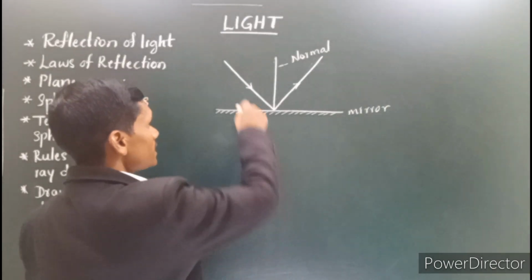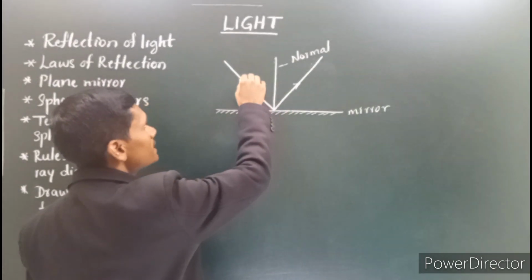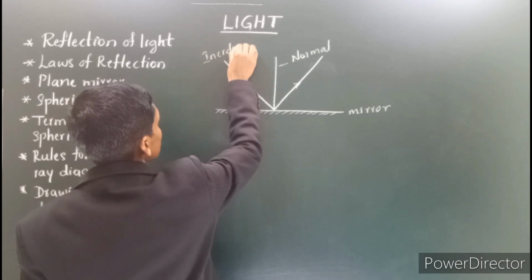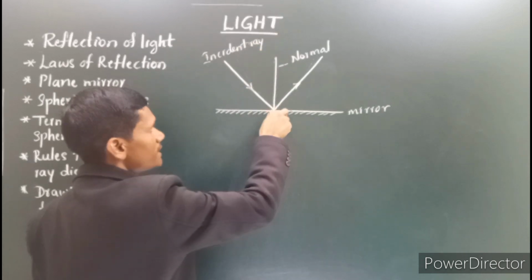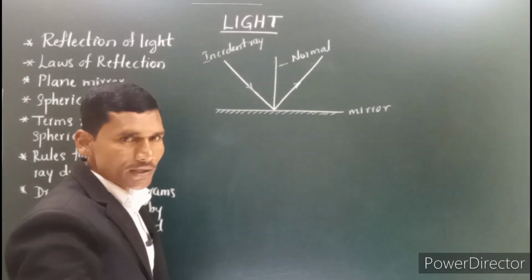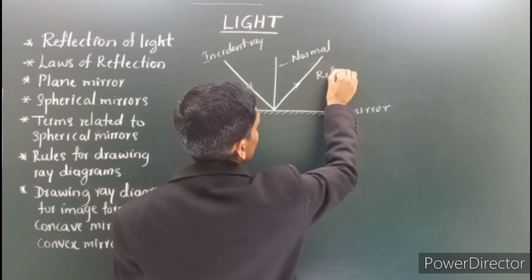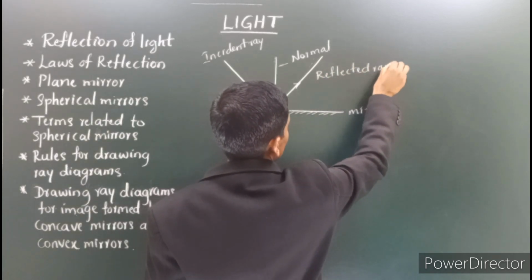The ray which is falling on that polished surface is called the incident ray. And the ray which is bouncing back after reflection is called the reflected ray, right?